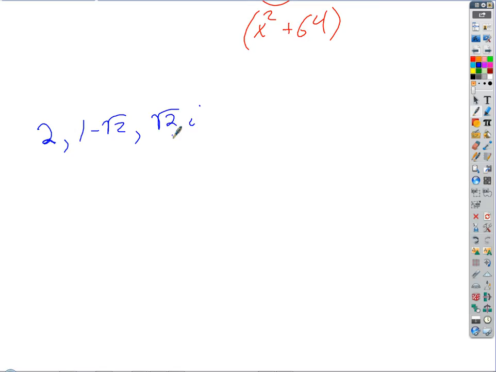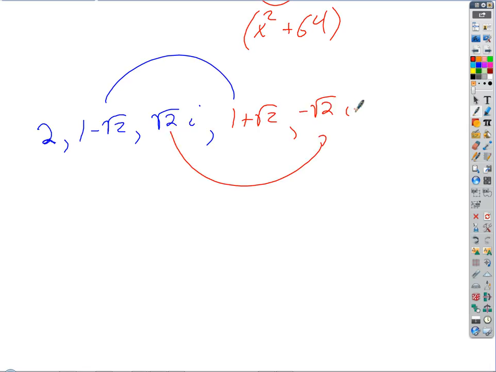But if we're going to have rational coefficients, that one does too, right? So this guy's going to get paired with 1 plus the square root of 2, and that guy's going to get paired with minus the square root of 2i, right?